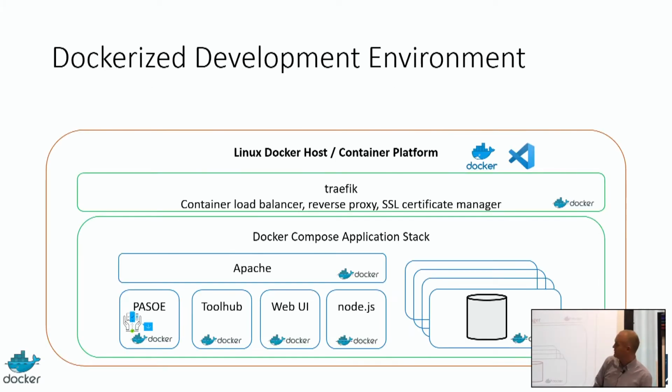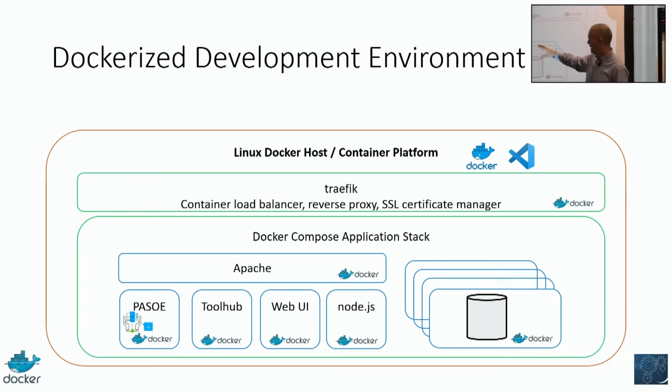And when we do that, we get into a development environment that has, at the bottom of the stack down here, a series of different containers. When we spin up a typical environment, it would have PASOE on the back end, the Tool Hub, the web UI, Node.js, all of those being served and made available through an Apache container that's part of that.